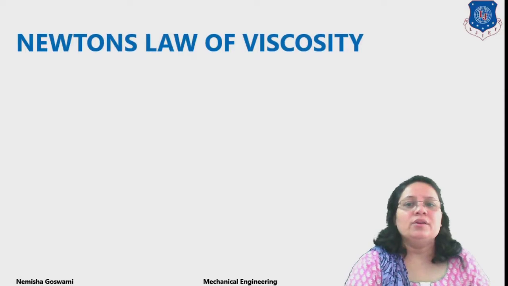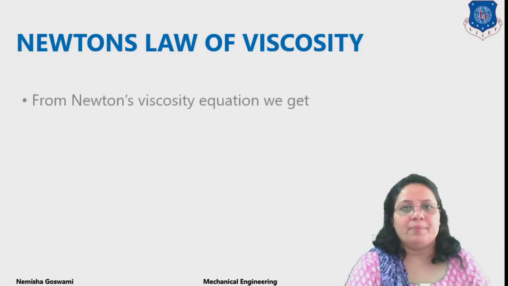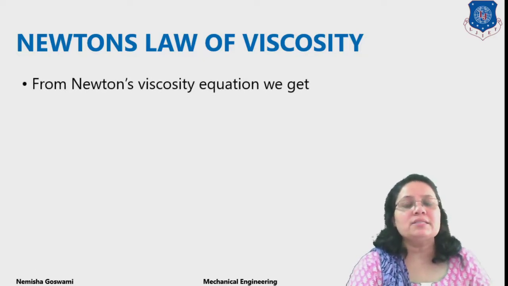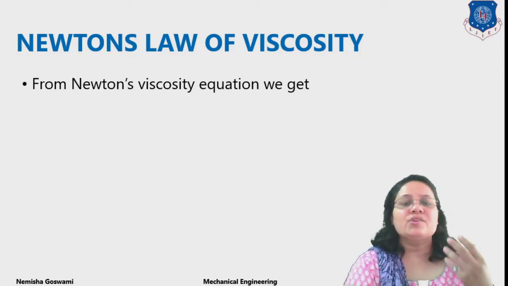Next is Newton's law of viscosity. When we use a lubricant, we have to consider Newton's law of viscosity, because shear stresses will be generated during the operation, right? What is Newton's law of viscosity? It states that the shear stress generated is directly proportional to the shear strain.